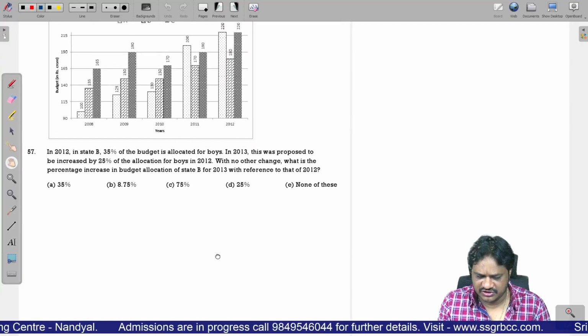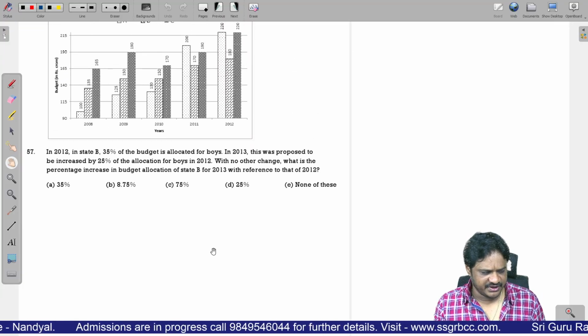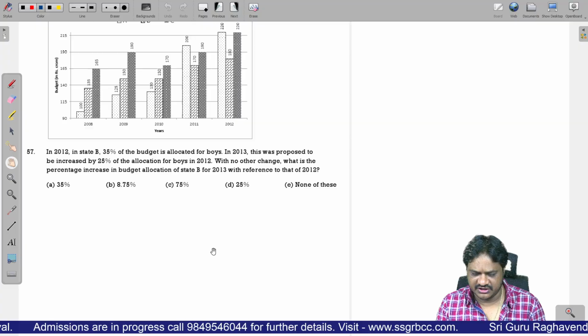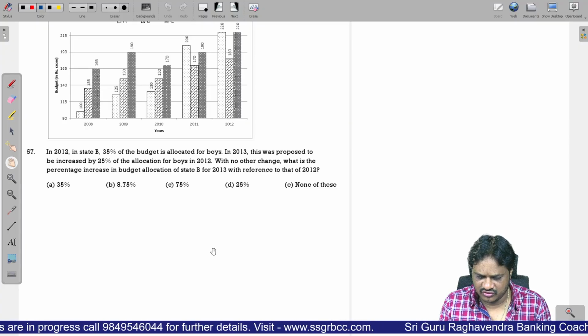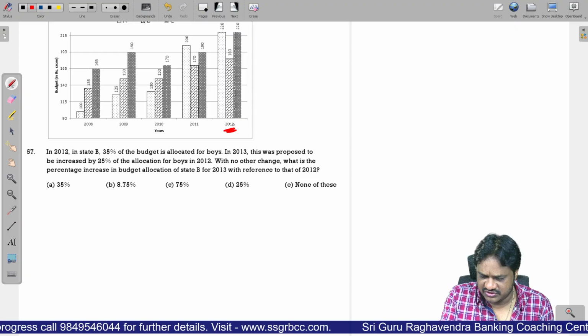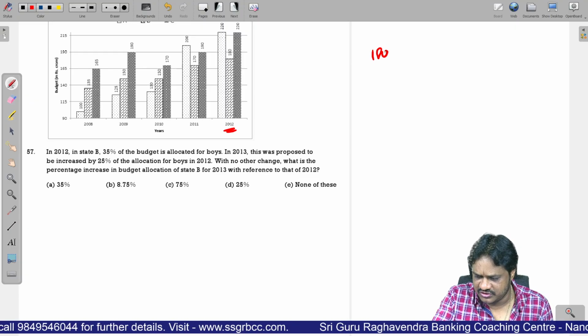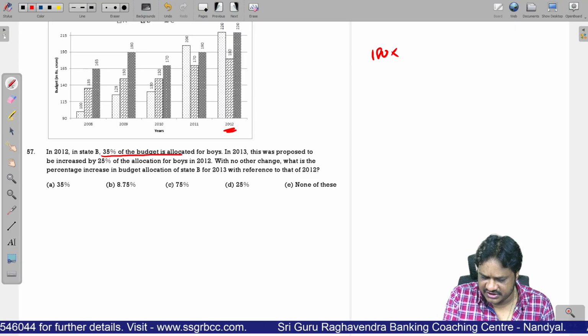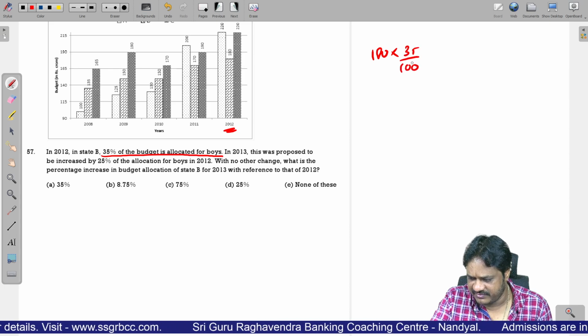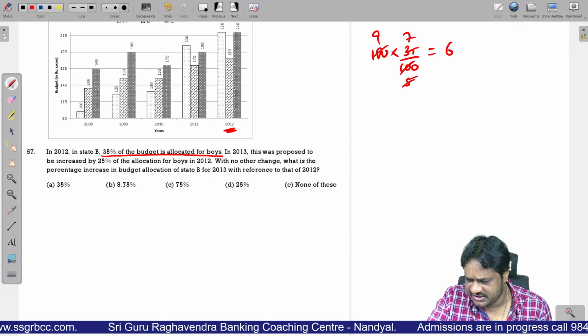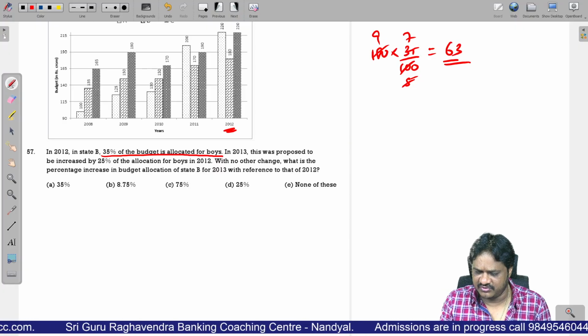In 2012, in state B, 35% of the allotted budget is for boys. State B in 2012, how many crores? 180. In this, 35% is allotted for boys. That gives 63 crores for boys.